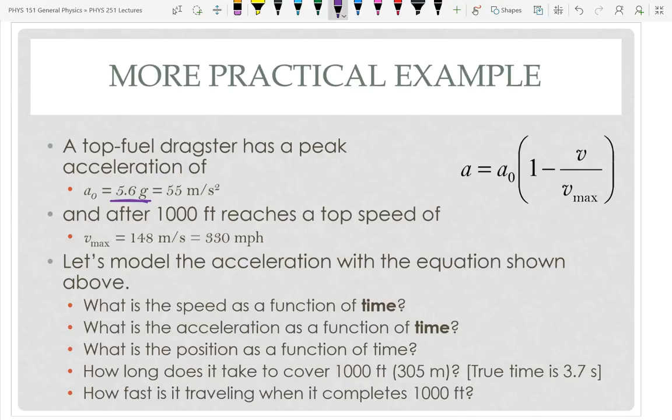So driving the dragster, that 5.6 Gs should put some perspective to things. Has anyone been in a centrifuge? Like a roller coaster? At the fair they have a spinning ride where they spin you fast enough that you stick to the wall and don't slide down, right? That's a centrifuge.